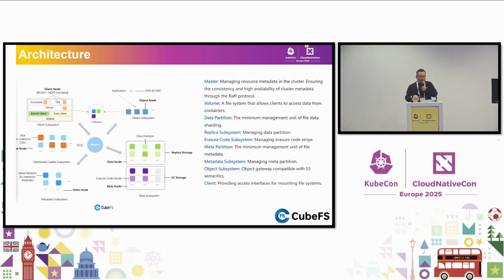The storage subsystem contains 2 engines. One is the multi-replica engine, and the other is the erasure coding subsystem, which is an independent storage subsystem using the erasure coding algorithm. It has its own metadata management, including the inspection and management system, persistent layer, and so on.